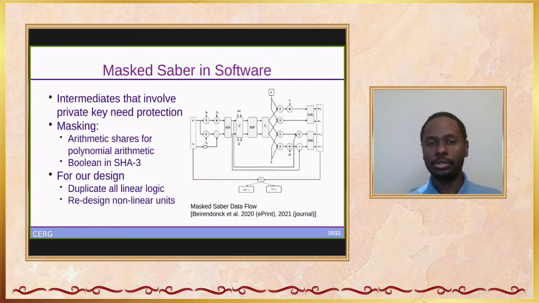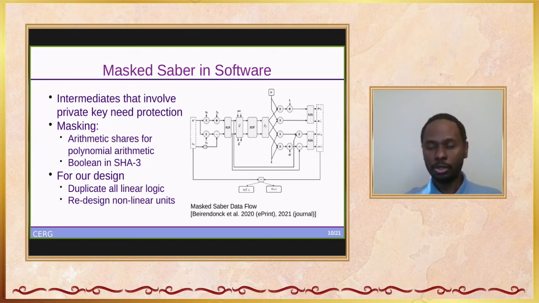So Masked Saber was already discussed and studied in software, and this data flow diagram from Bronchain and others shows how you can process shares securely in Saber. So the idea of this data flow is that you split your secret key, your private key, into 2 shares additively, such that when you add the 2 shares, you get your original private key.